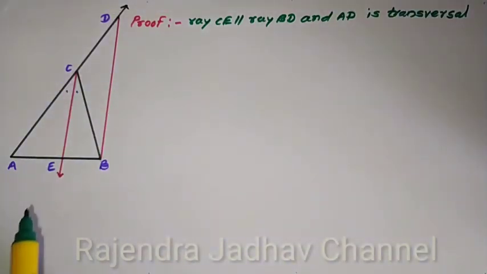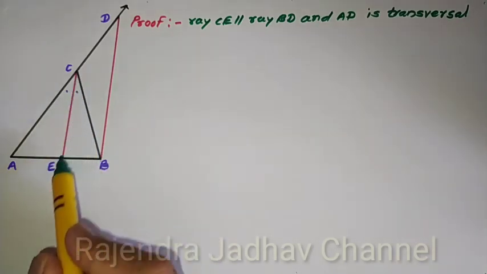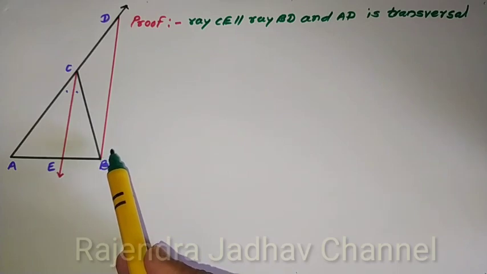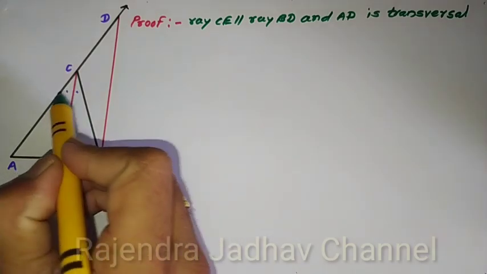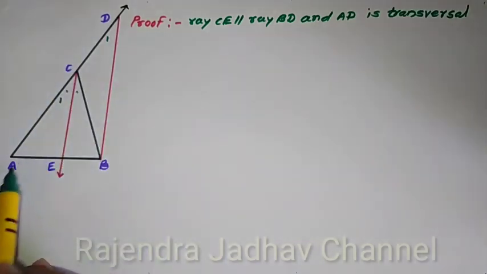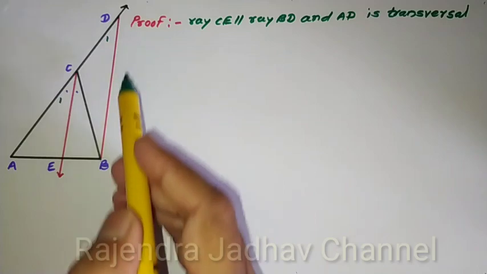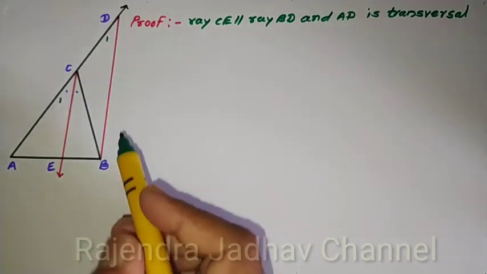Therefore, ray CE parallel to ray BD, the angles formed here, angle ACE and angle CDB, are corresponding angles.